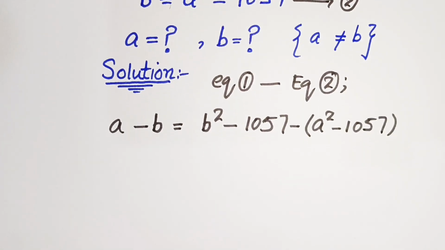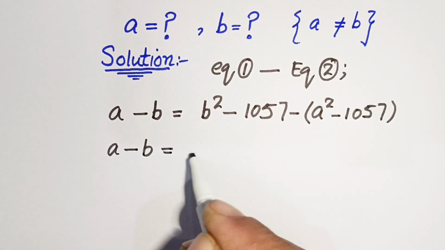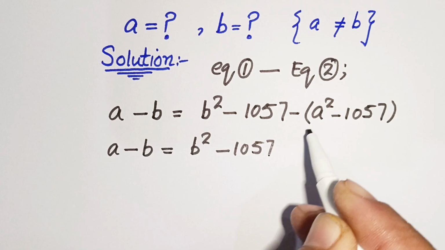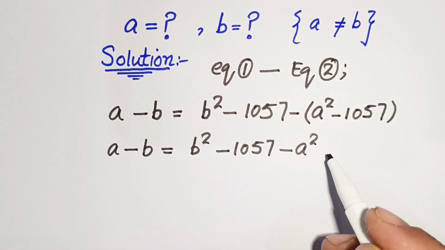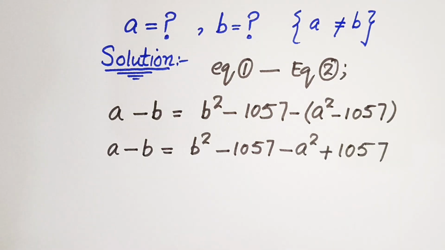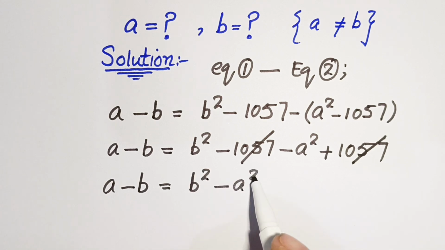So a minus b is equal to b squared minus 1057. Multiplying this sign into the parentheses, we get minus a squared, and minus times minus is plus 1057. So now negative and positive 1057 cancel out, and we get a minus b is equal to b squared minus a squared.